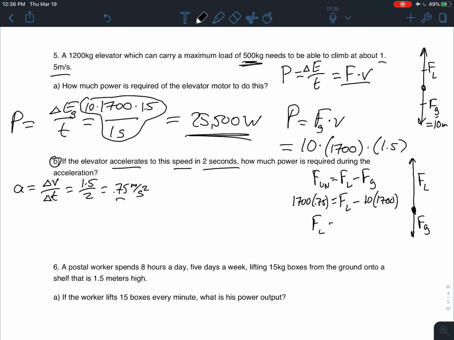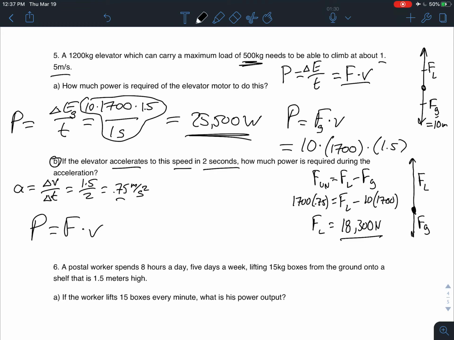So the lift force is equal to, if you do all the math here, let's see what we get. You get about 18,000. I'm going to call that 18,300. It'd be too many sig figs to write down what my calculator's saying there. Newtons.